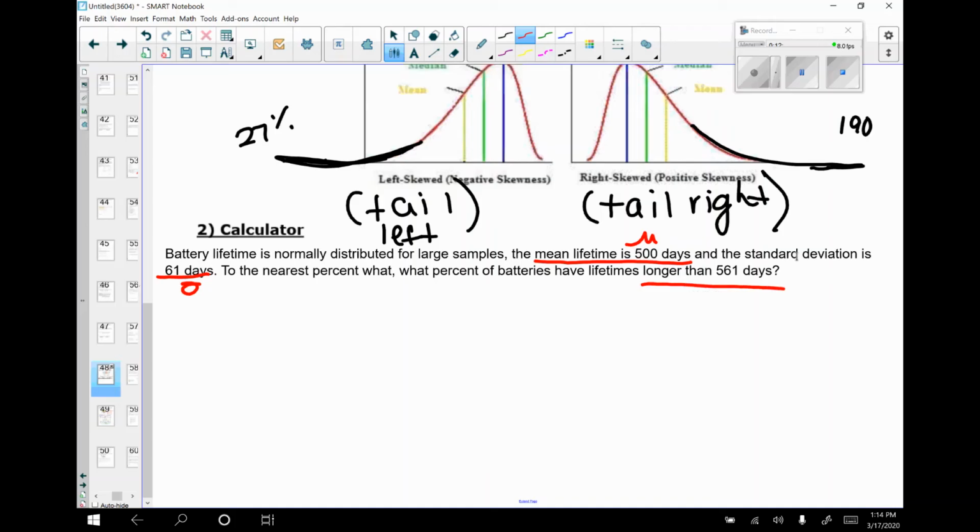Okay, so this is going to be called our lower bound and our upper bound. You're going to use this for normal distribution as well. Our lower bound here is 561, right? We want greater than 561, a number greater than 561.